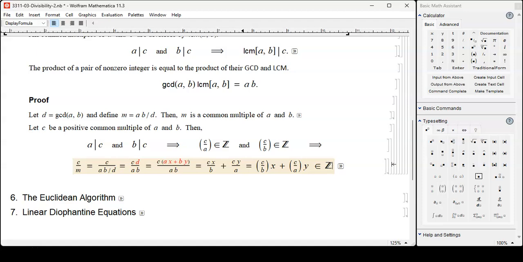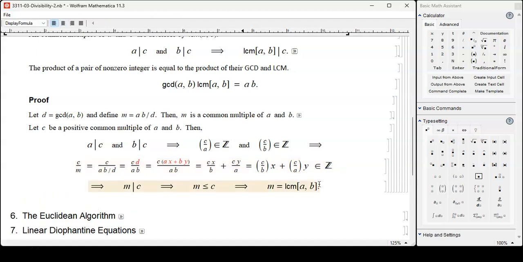So C over M is an integer. So M divides C, and they are both positive. Therefore, M is the smaller of the two. That concludes a proof that M is indeed the LCM.